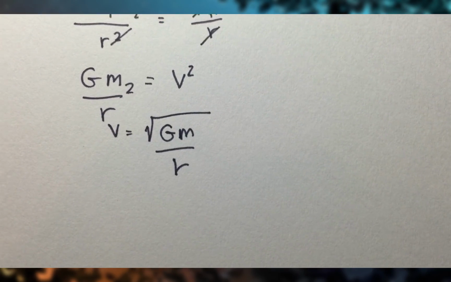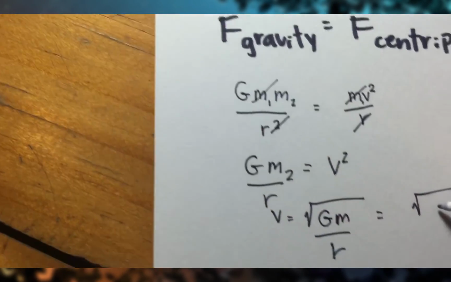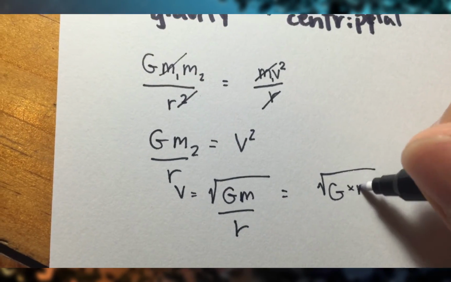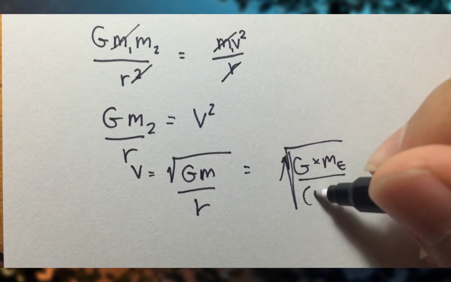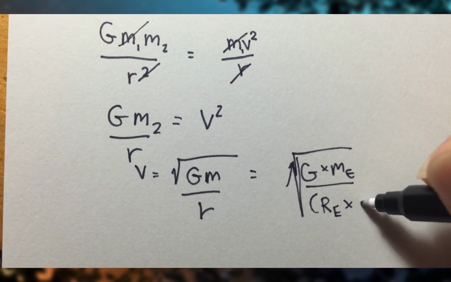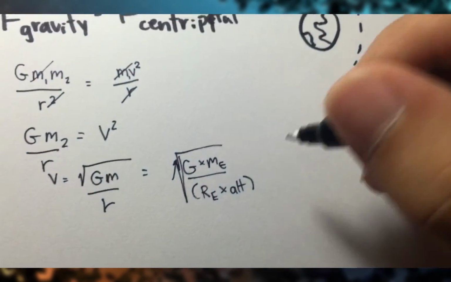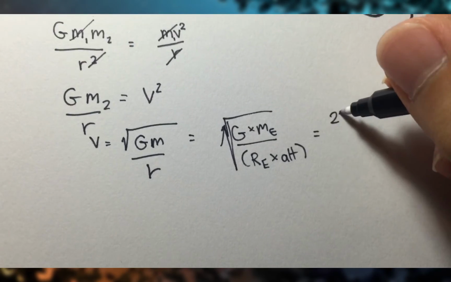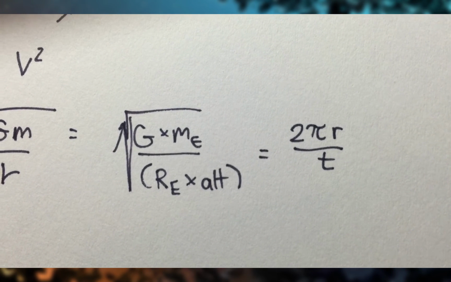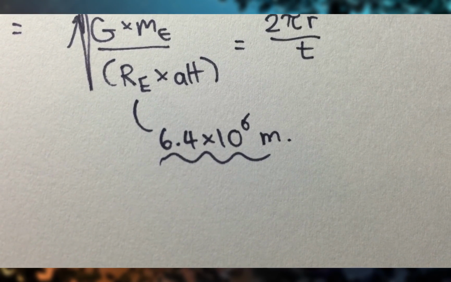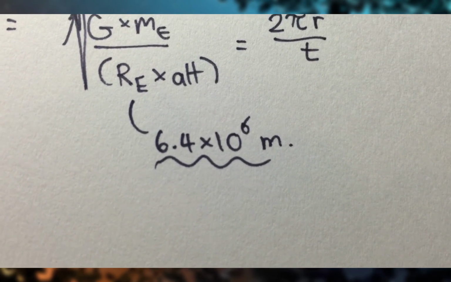So in case of the Earth, we can rewrite this equation into the big G times the mass of the Earth divided by the radius of the Earth plus the altitude of the satellite orbiting it. And we can also bring this equation to 2 pi r over t from the circular motion. Keep in mind that the radius of the Earth equals 6.4 times 10 to the power of 6 meters.